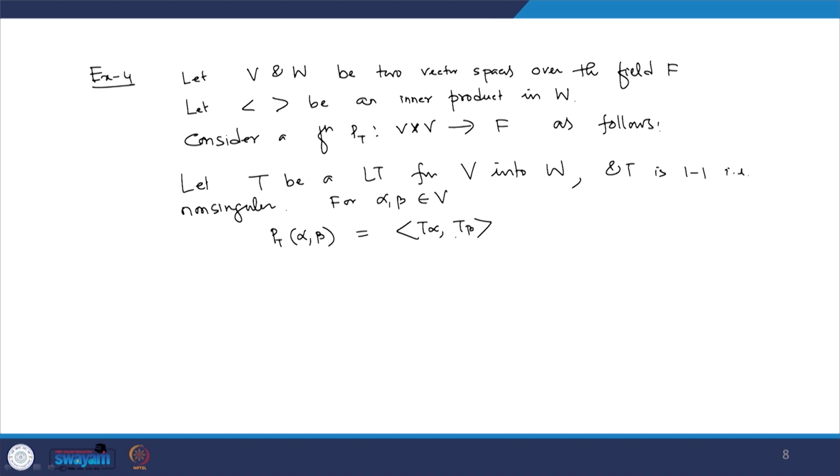I am defining a function PT from V cross V to F, which is mapping any ordered pair of vectors of V to a scalar quantity, inner product of T alpha, T beta, which belongs to F, because this inner product is given in W, so I can define it like this.